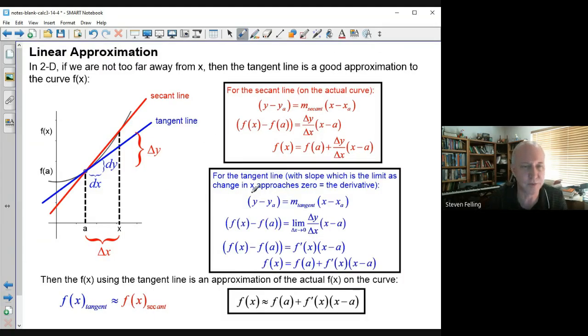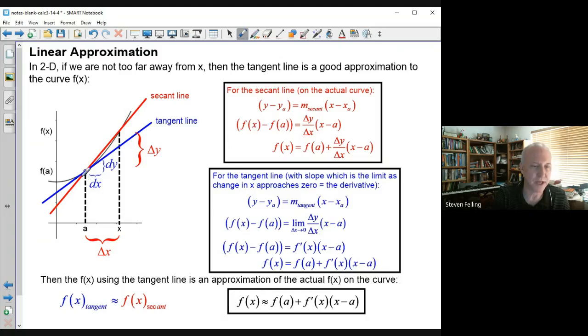And we've seen linear approximations before in regular 2D calculus. If we're not too far away from an x, then the tangent line is a decent approximation to the curve, right? So for the secant line, which is between two distinct points with a fixed delta x, fixed delta y, y minus y_a would be the slope of this secant line times the distance in x, right? So you could write that as f of x minus f of a is the change in y, right?